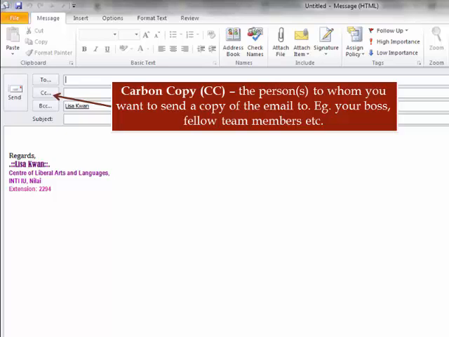For example, you're writing to a client, so that's in your to field, but you want your boss to get a copy of that particular email, then you CC your boss, but you write to your client. All right, that's an example.